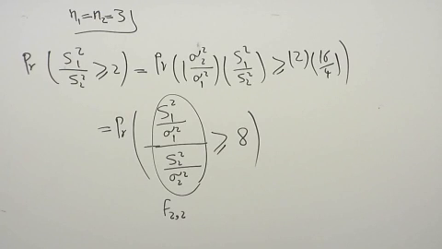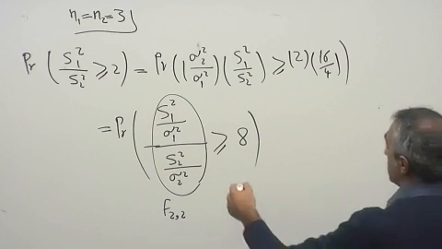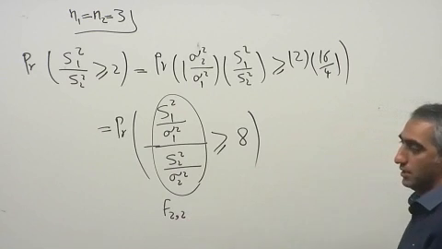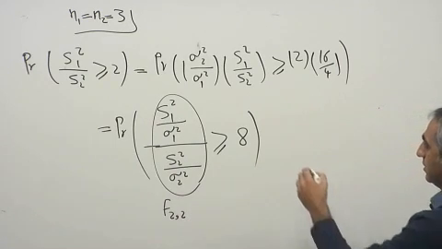Any questions so far? So what is the next step? Use the table? Everybody agrees? No. That's a special case, exactly. You cannot find this probability in the table. But F with 2 and 2 degrees of freedom is integrable.